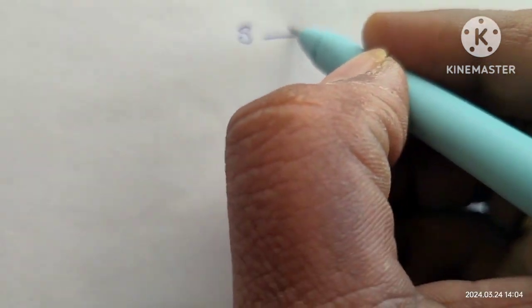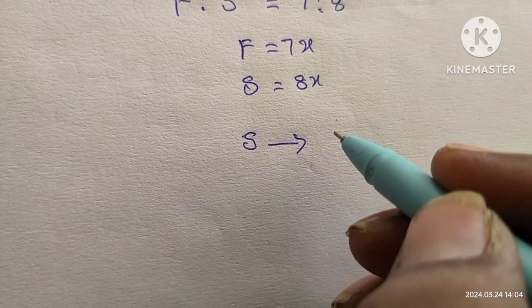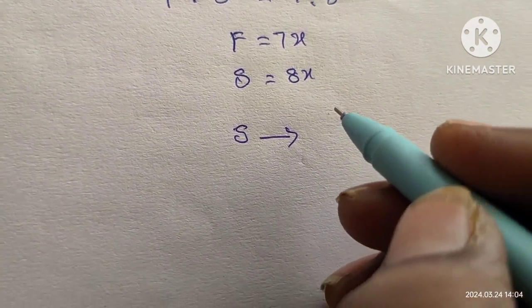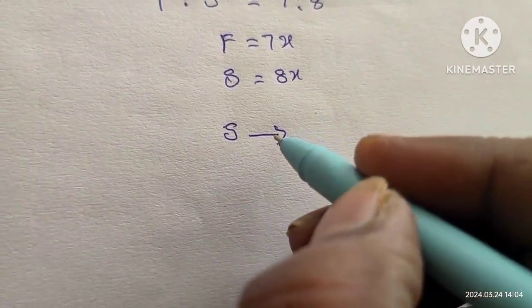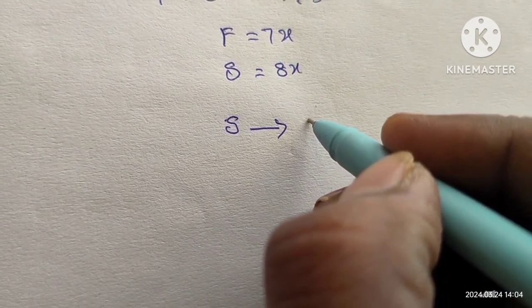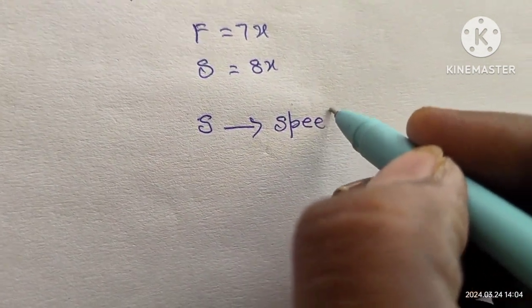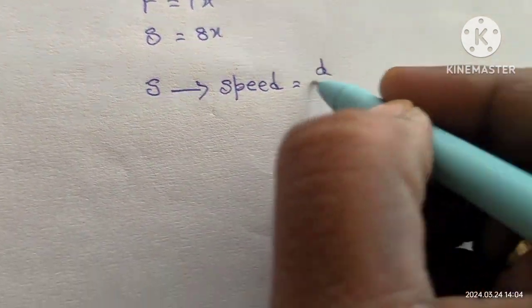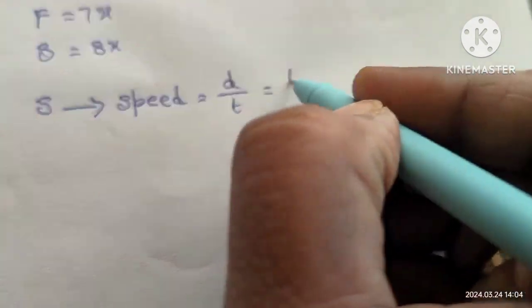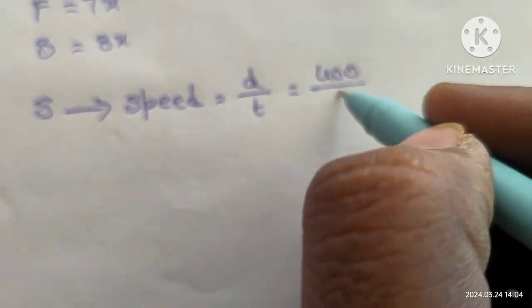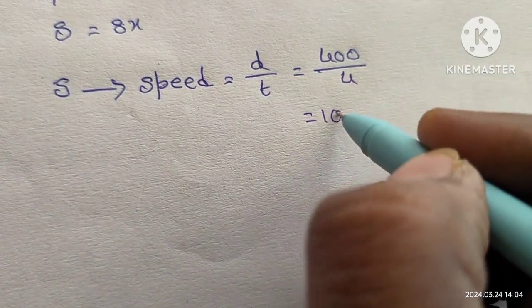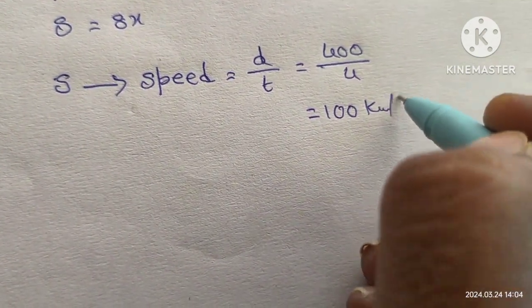So for the second train, distance is 400 kilometers and time is 4 hours. So we can calculate the speed of the second train. The speed equals distance by time. So distance is 400 kilometers, time is 4 hours, means 100 kilometers per hour.